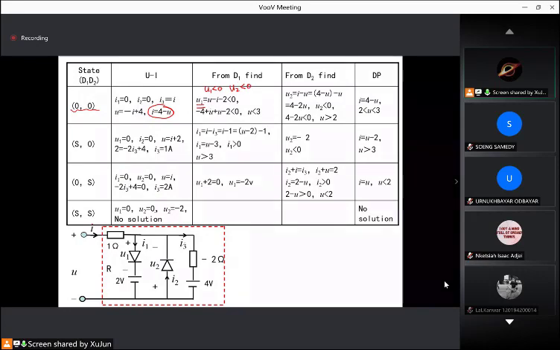The U1 is here. It will be U minus this voltage, minus this voltage, and minus this voltage. So U minus I minus 2 less than 0. And for this voltage, this voltage will be minus 4.